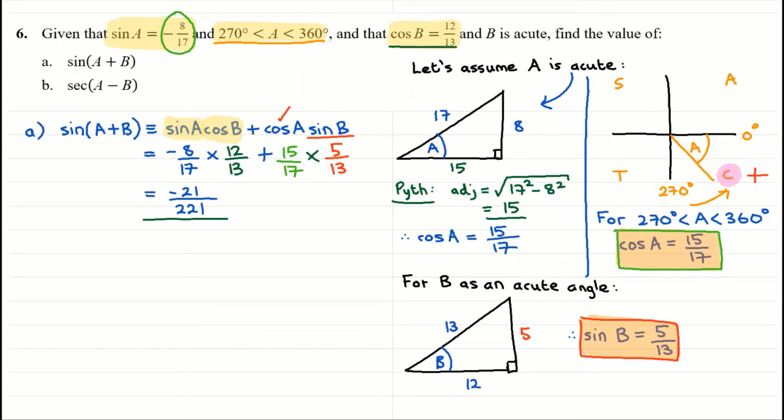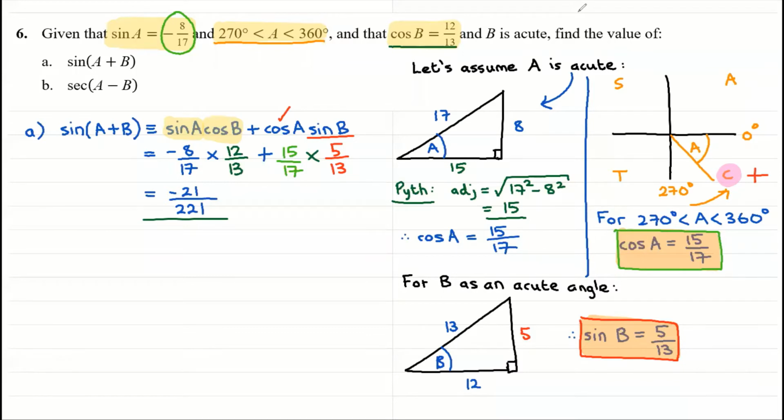All right, now let's have a look at the sec of A subtract B. So once again, we're putting together a lot of different ideas. So for part B, we know that sec of some angle theta is identical to, and we use that third letter rule, don't we? The third letter of our reciprocal trig function corresponds to what it is the reciprocal of, which is, of course, cosine theta.